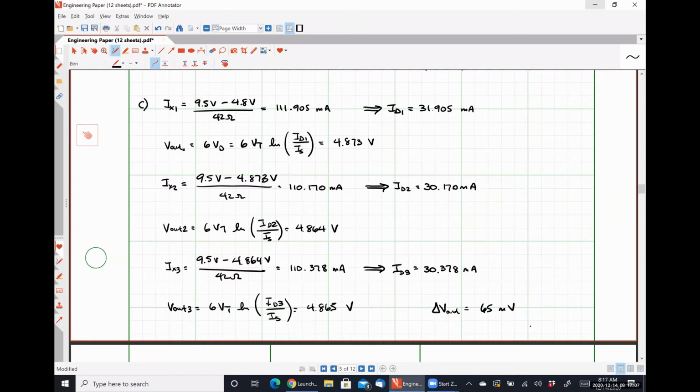When I did it, it took me 7 iterations to settle, which is why I backed it down to 9.5 for you guys, because I didn't want to spend over half the class doing one stupid problem to illustrate a point, okay? All right, so with that in mind, we are going to develop what's called the small signal diode model, all right?